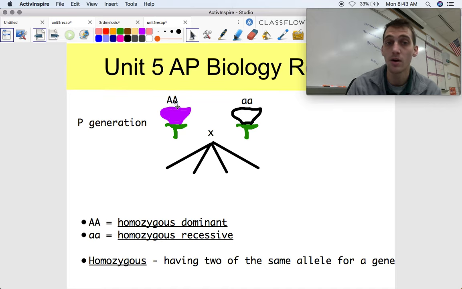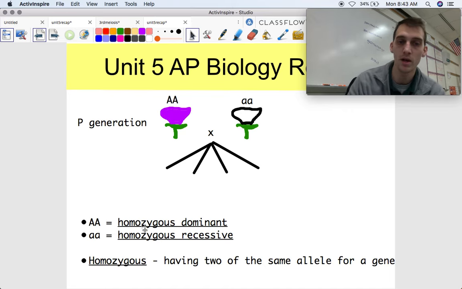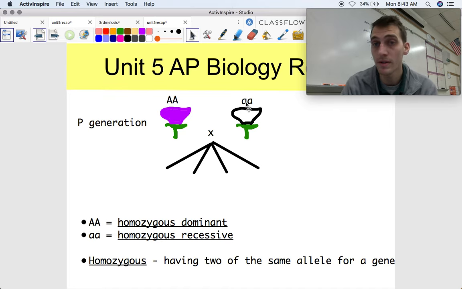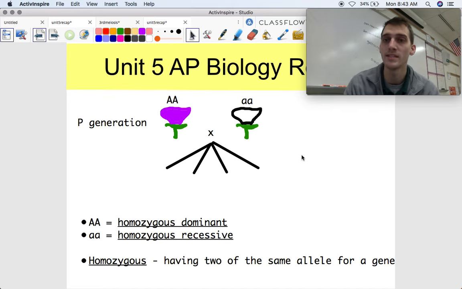Genotypes are depictions of the alleles that an organism inherits. So this purple flowered pea plant inherited a dominant purple allele and another dominant purple allele, so we call it homozygous dominant. And here's a recessive white flower allele, and here's a recessive white flower allele. It's got 2 of the same, so we call it homozygous recessive.